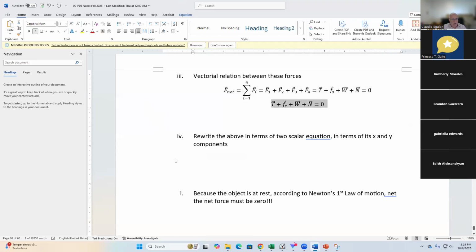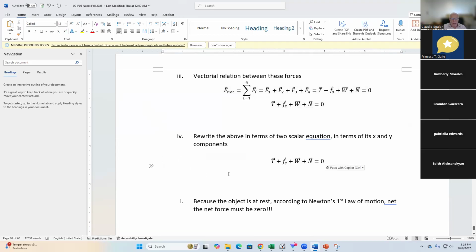So here you go. The tension has both an x and y component, so we're gonna put T sub x. The force of static friction has only an x component in the negative x direction, right?